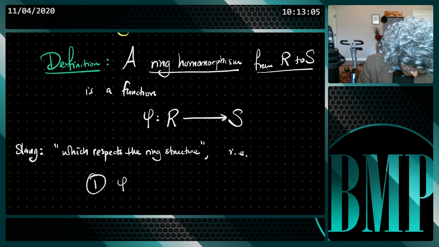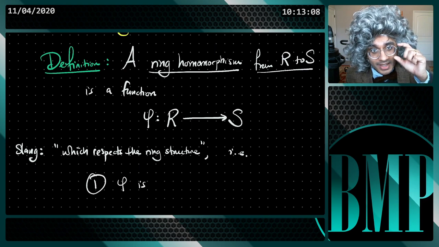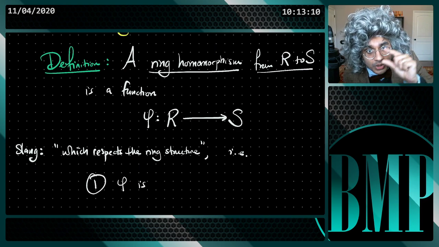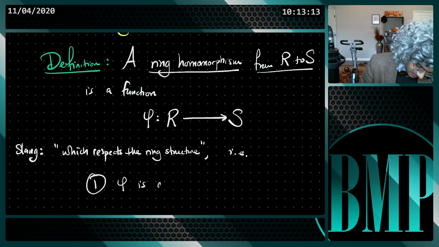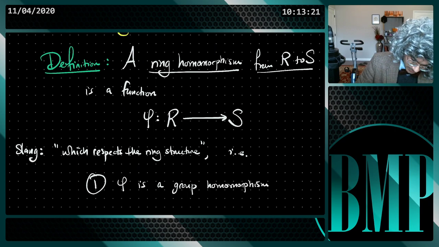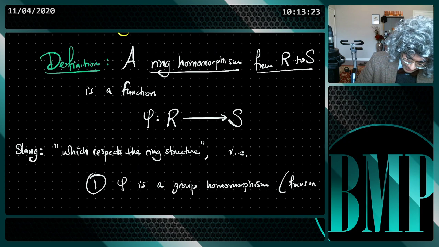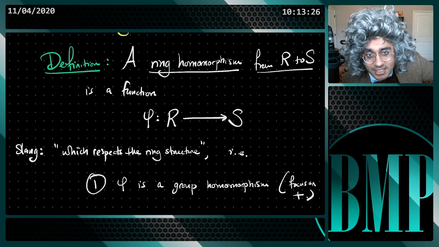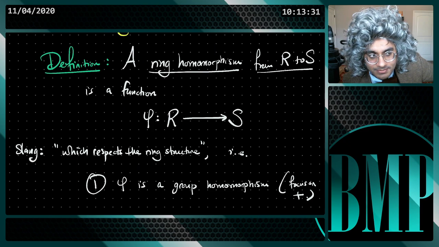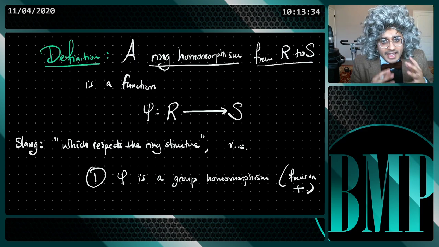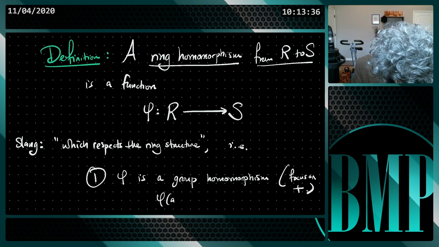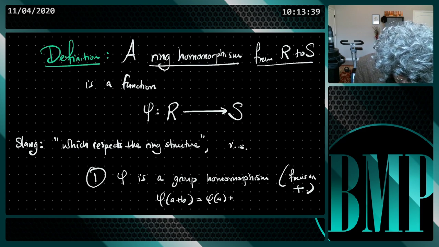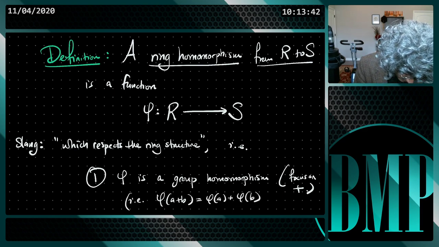It is, first of all, a group homomorphism between the two abelian groups. Focus on plus. Only plus is a group structure, folks. The group homomorphism respects addition, right? So phi of a plus b equals phi of a plus phi of b. Okay?